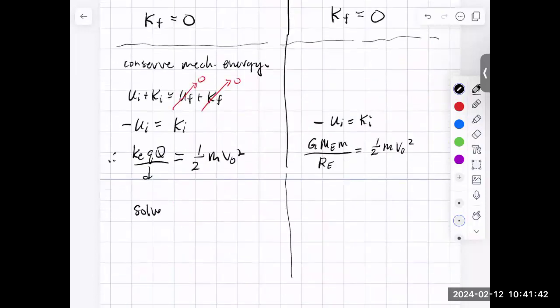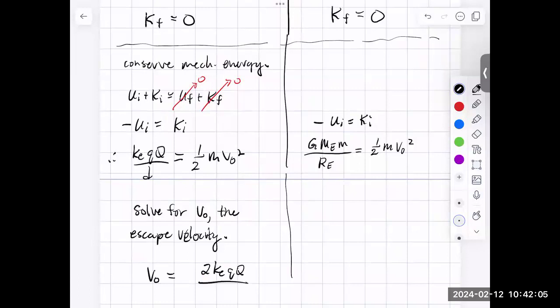We solve for v0: multiply by 2, then k_e Q times Q, divide by m times d, and take the square root. That's the escape velocity for our charge.